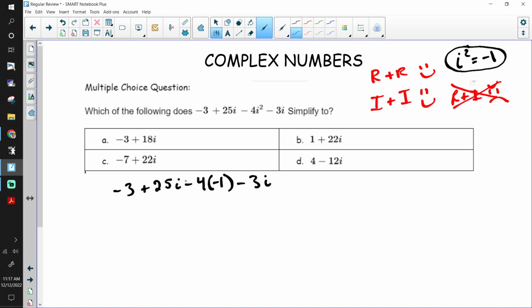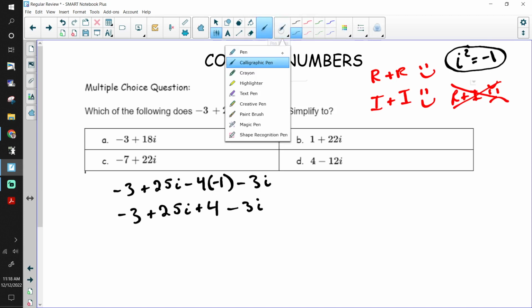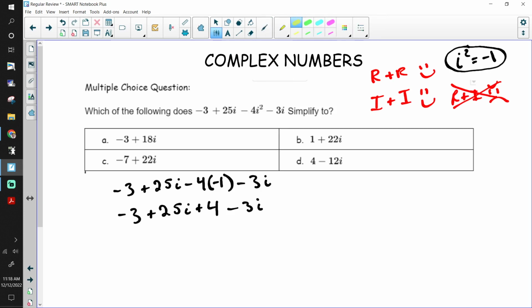Okay, so simplifying, -4 times -1 is a +4, so -3 plus 25i plus 4 minus 3i. Oh, sorry, not 4i. It is gone now. It's just +4. Now that I'm looking at this, I know I am allowed to add my reals together.